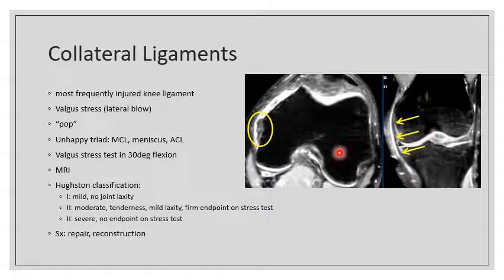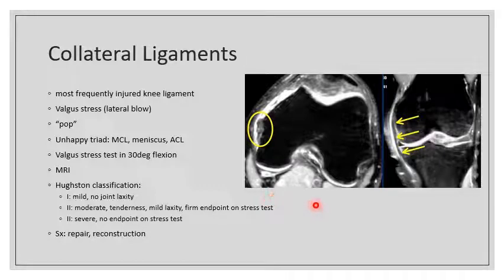So collateral ligaments are the most frequently injured knee ligaments, particularly your MCL, usually from a valgus stress or a lateral blow, and patients would complain of a pop. If there's a terrible triad of the elbow, there's also an unhappy triad of the knee. It's basically an MCL injury, a meniscus injury, as well as an ACL tear.